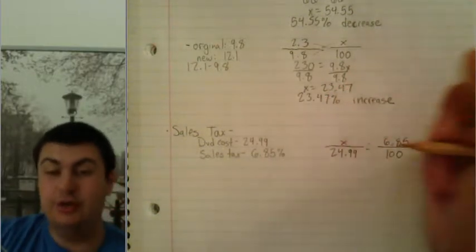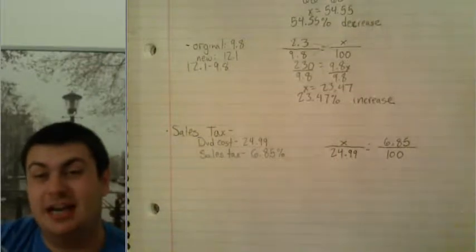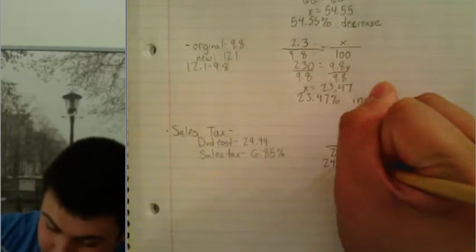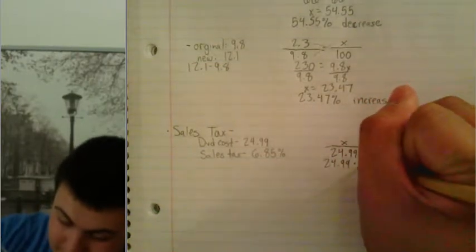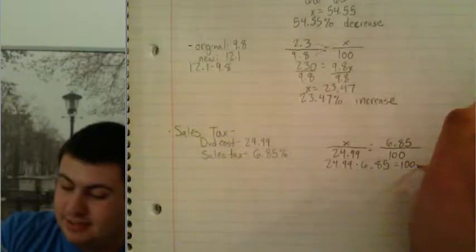Now we are going to be looking for the new price, but first we have to find the change right there. How much does the price change? So we take 24.99 times 6.85, and that equals 100x.